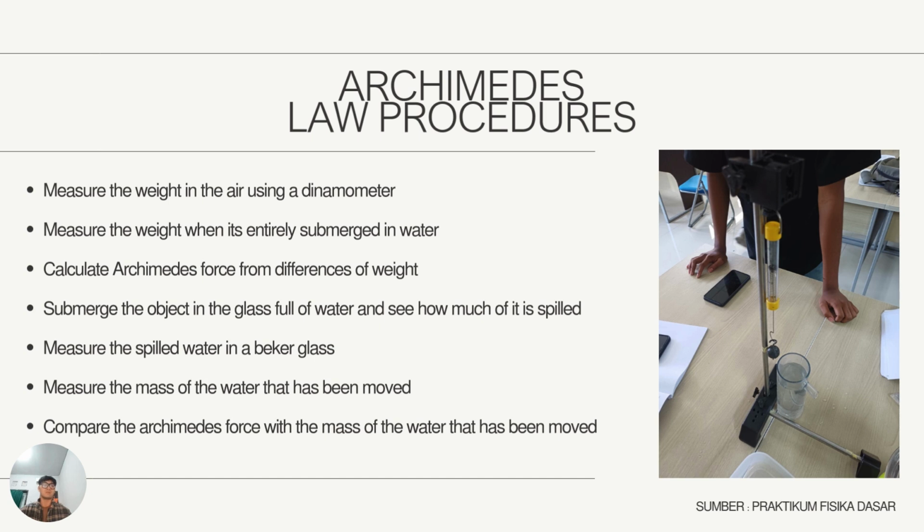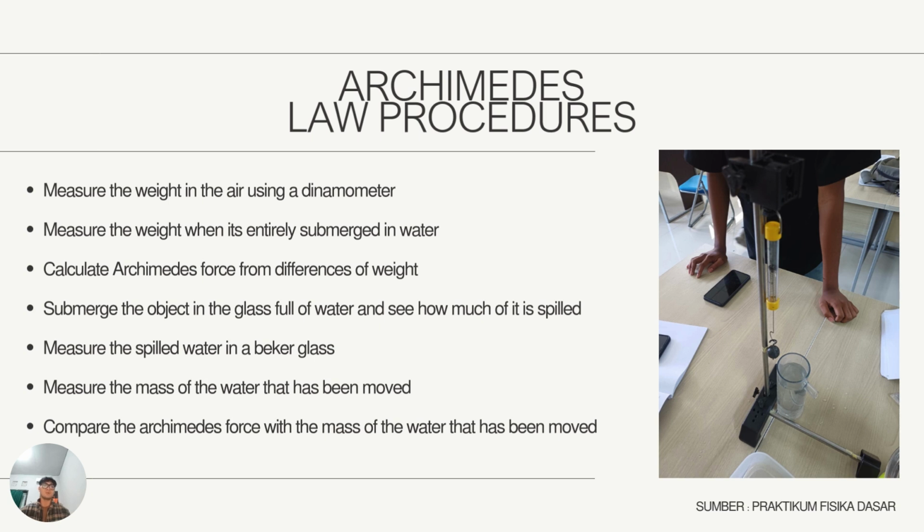When we have the weight in Newtons in the air, we measure the weight in water. We use the same four different weights with the dynamometer, reading in Newtons. Then we calculate the Archimedes force from the differences of weight.